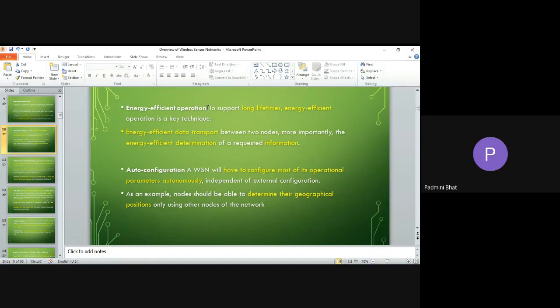Instead, if the wireless node itself has the ability to configure itself, then the job becomes easier. We save the bandwidth. The bandwidth is given only for the transmission of data, not to configure the nodes.